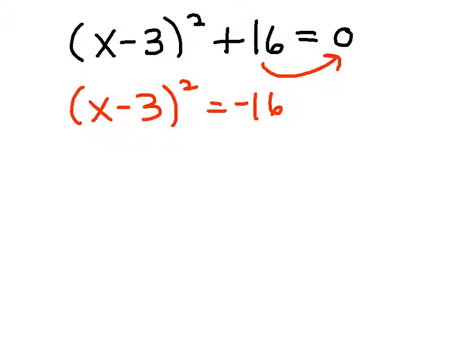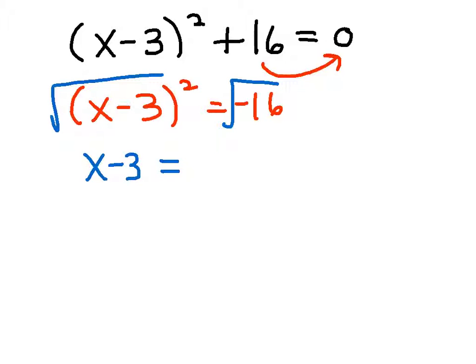Now we're going to take the square root of both sides. So the square root of this side and the square root of that side. That x minus 3 is no longer underneath the radical sign, and I can drop the parentheses. Now it's equal to plus minus square root of 16, and I always write that square root of negative 1.